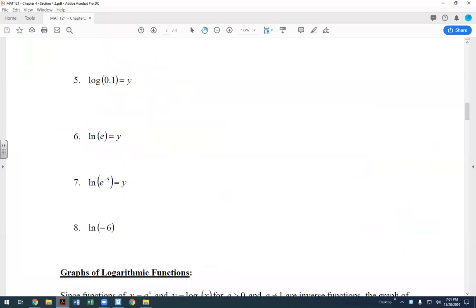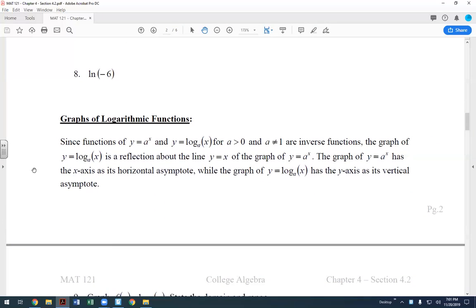Okay, so the next part we're getting into is the graphs of what these logarithmic functions will look like. Remember how we talked about exponentials being inverses of logarithmic functions. So when it comes to graphing, we use that same idea again.